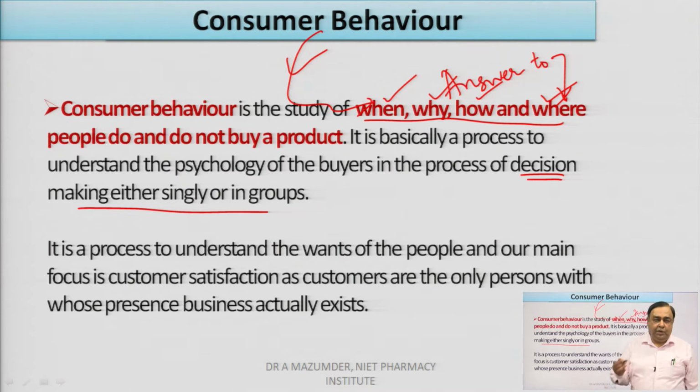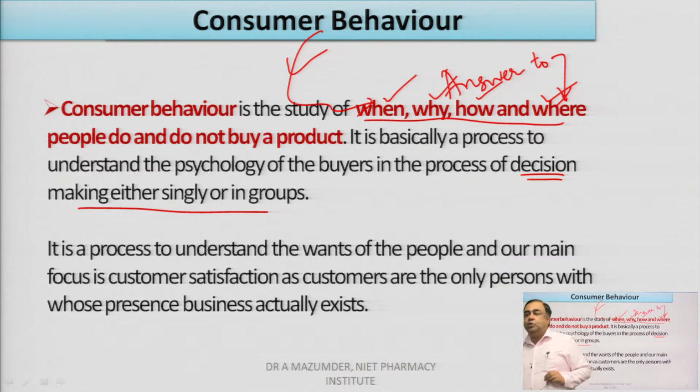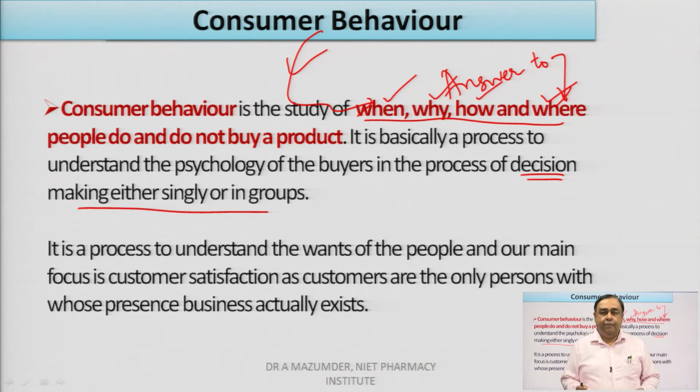Whenever a consumer takes a decision, remember, in some situations they take a decision alone, but some decisions related to the products are also taken in groups. They discuss with their family members, they discuss with their friends who are called the peer groups. They try to imitate someone whom they think to be their model.